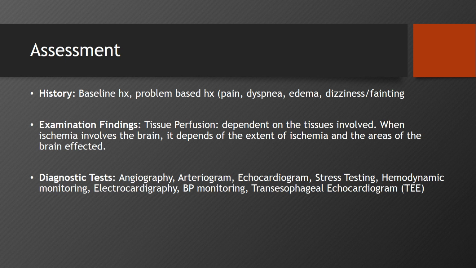You see it there at the end of the little paragraph, TEE. So transesophageal echocardiogram is your invasive echocardiogram. And this is where they actually use a probe that goes in through the esophagus and looks at the back side of the heart, okay?